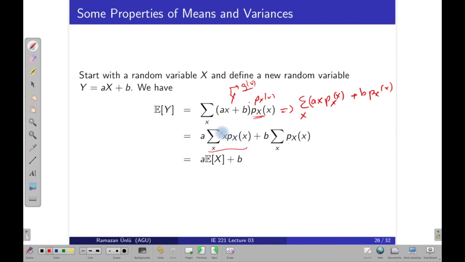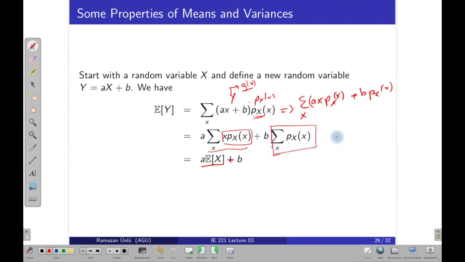So what is this part? This part is the expected value of x. Remember, and if this is not clear, please check the definition of the expected value of x from the previous slides. So this part becomes a times the expected value of x, plus b times the total probability.